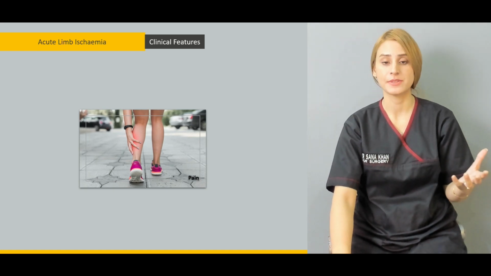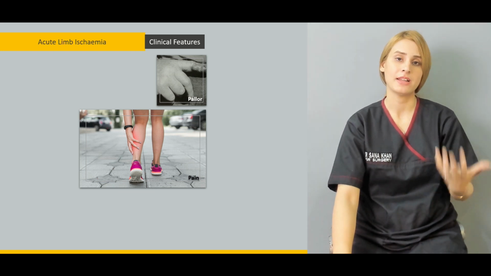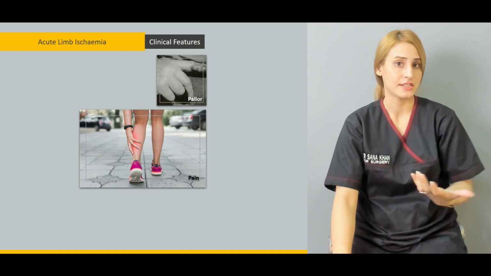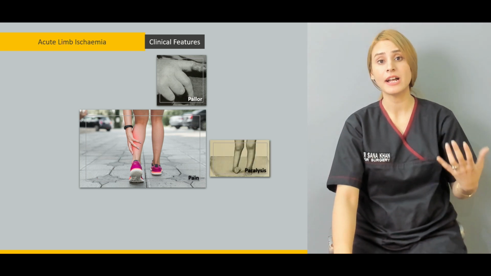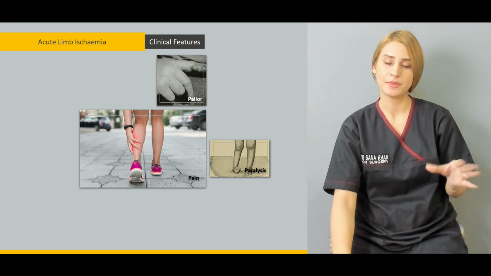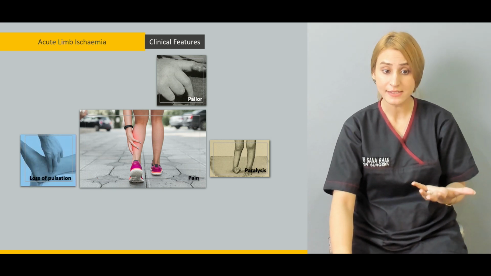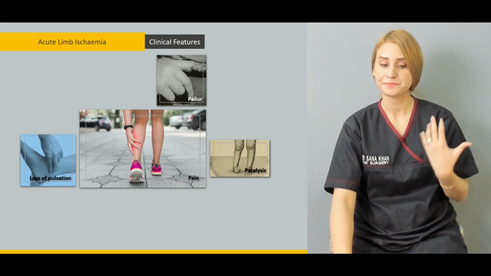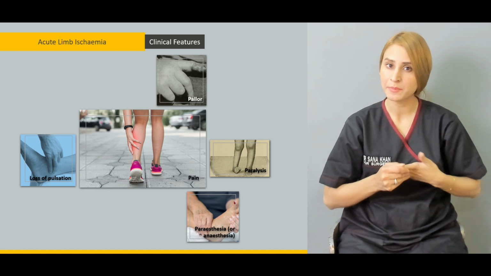First, obviously, the first symptom would be pain. Another would be pallor, the discoloration because of the compromised blood supply. There would be paralysis later on. Firstly, the sensory part of the nerve would be affected, then the motor nerves, and ultimately the patient will develop paralysis, loss of pulsation, and paraesthesias, or numbness.